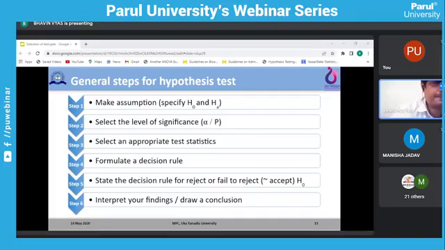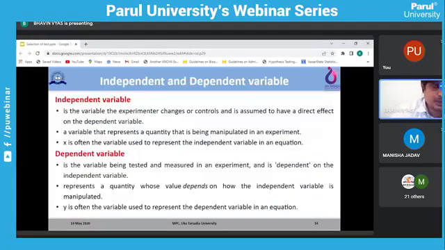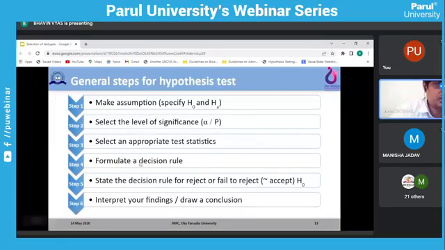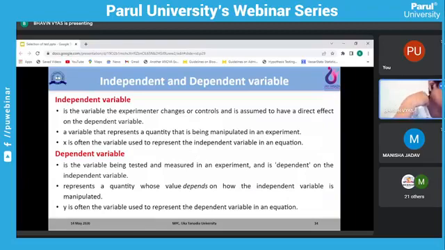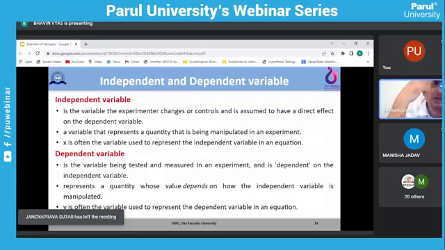Now I'm coming to step 3: select an appropriate test statistic. Which test you should select, I'll be coming to that.